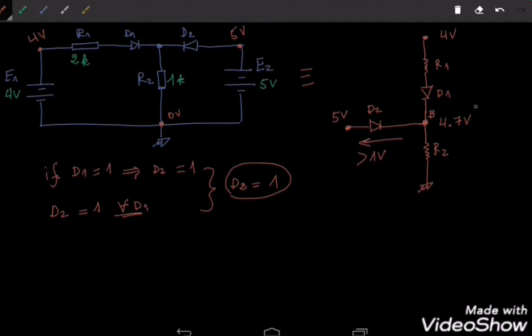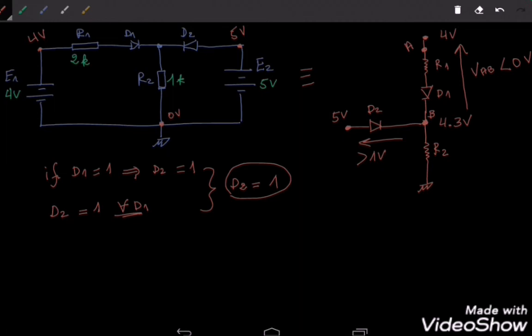But if this is the case, this means that the voltage between the point B and the point A, let me call this point A, VAB is smaller than 0, right? 4 volts minus 4.7, oh sorry, so this is 4.3 volts. So if this is the case, VAB has to be smaller than 0.